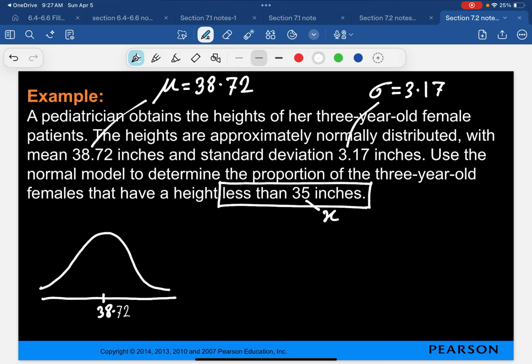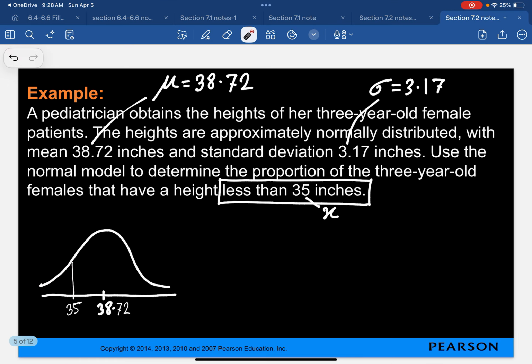So they're asking us to find the area to the left of 35 under the normal curve, okay? Let me put a question mark here. All right? So we need to find the area to the left of that 35.